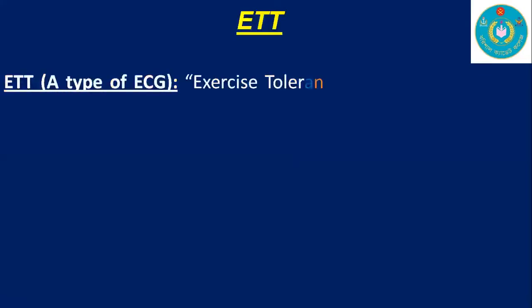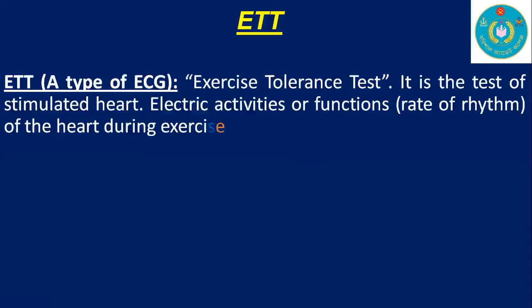Now we are going to discuss ETT, that is exercise tolerance test. ETT is a type of ECG. It is the test of stimulated heart electric activities or functions; the rate and rhythm of the heart during exercise are recorded by ETT.